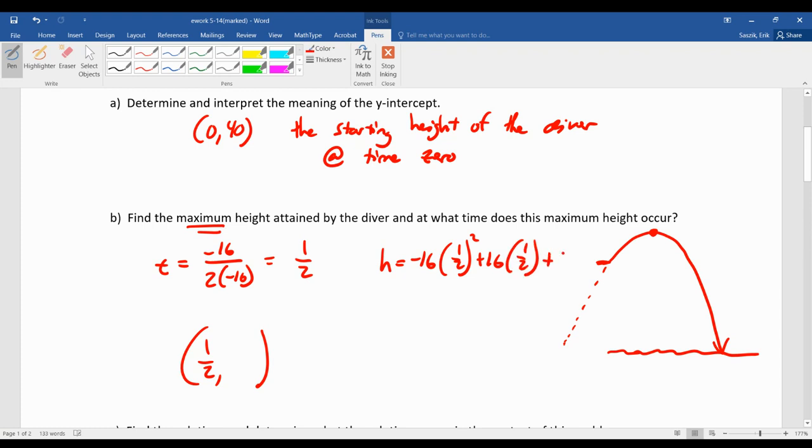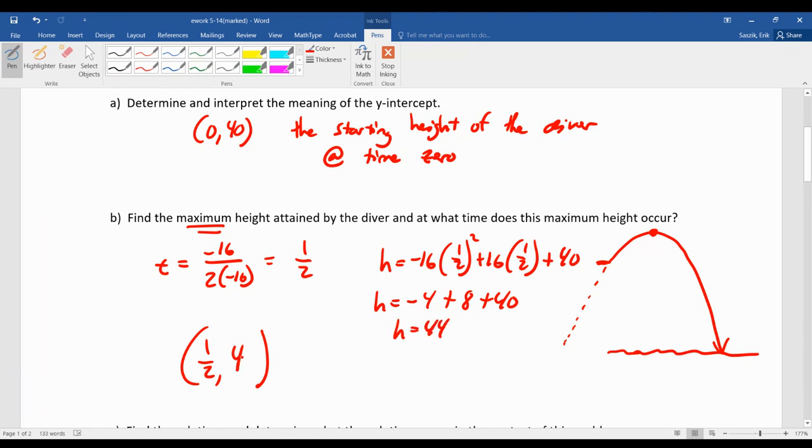And then it was plus what on the end? 40, right? Okay. So I can do this in my head, but you can certainly use your calculator. That's fine. 1/2 squared is 1/4 times negative 16 is negative 4. Half of 16 is 8 plus 40. You're going to get 44.